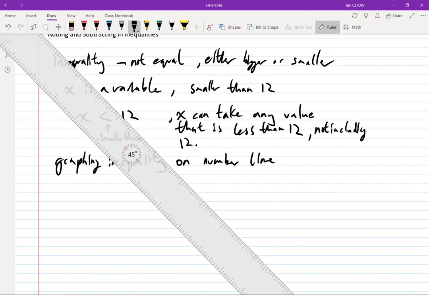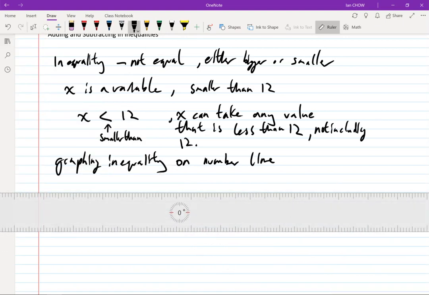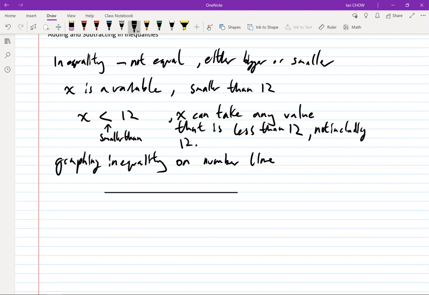Let me take out my ruler and draw a straight line like that. Let's say that 12 is over here, and so we have 11, 10, 9, 8, 7, and so on. This goes on forever. And in our number line we also have 13, 14, and so on.